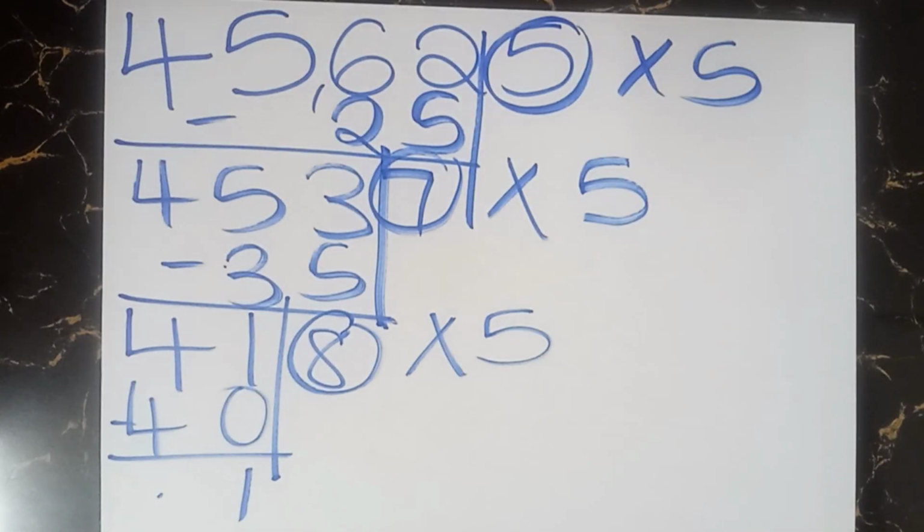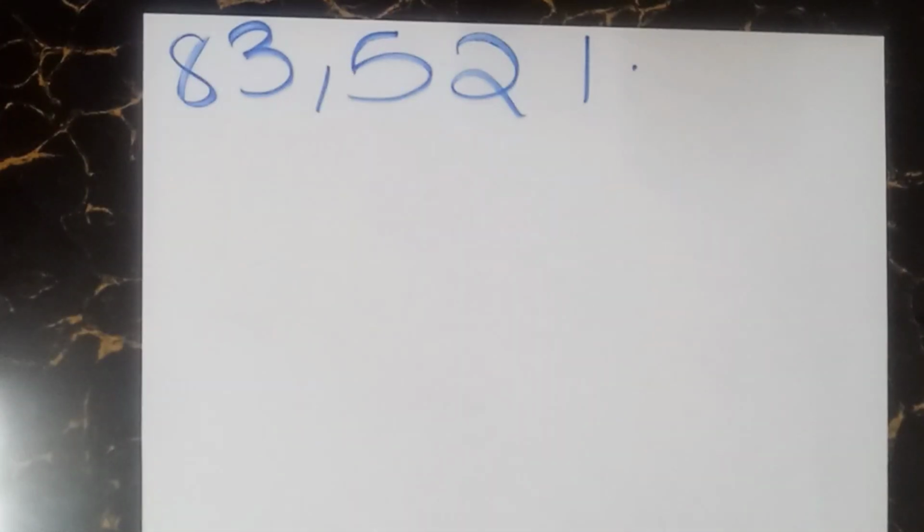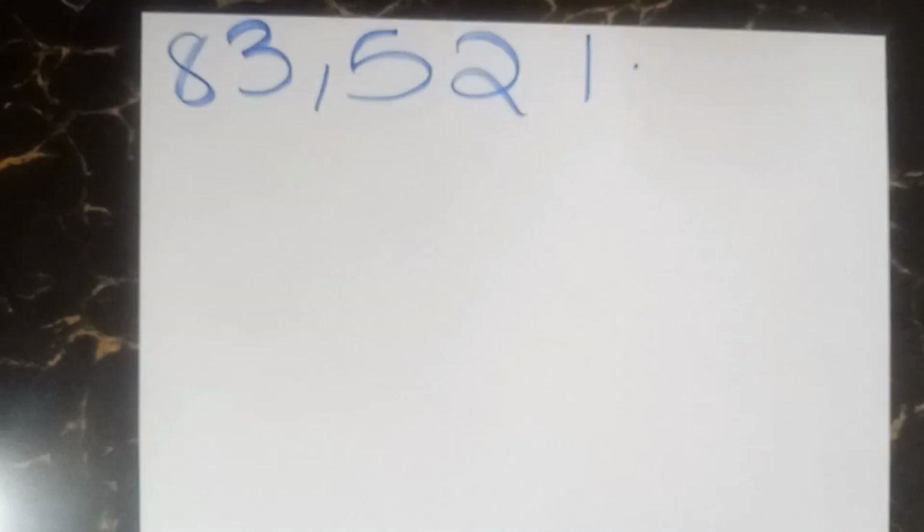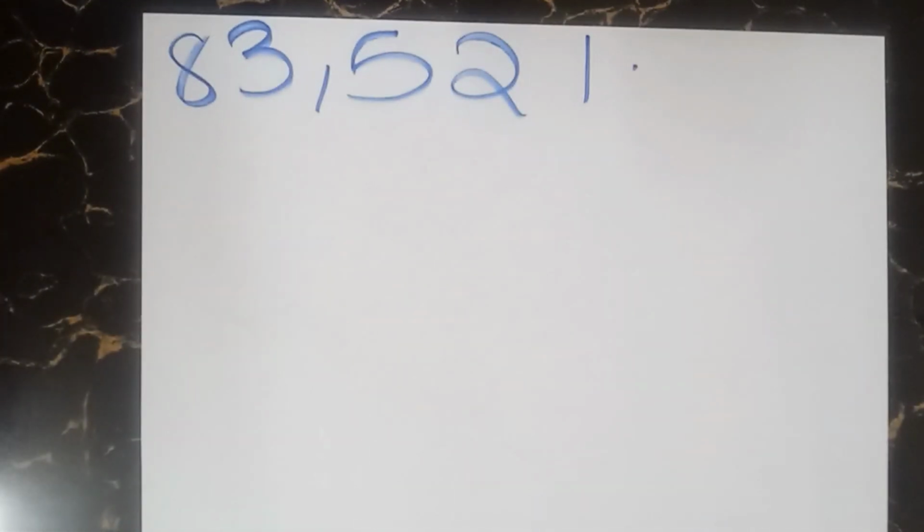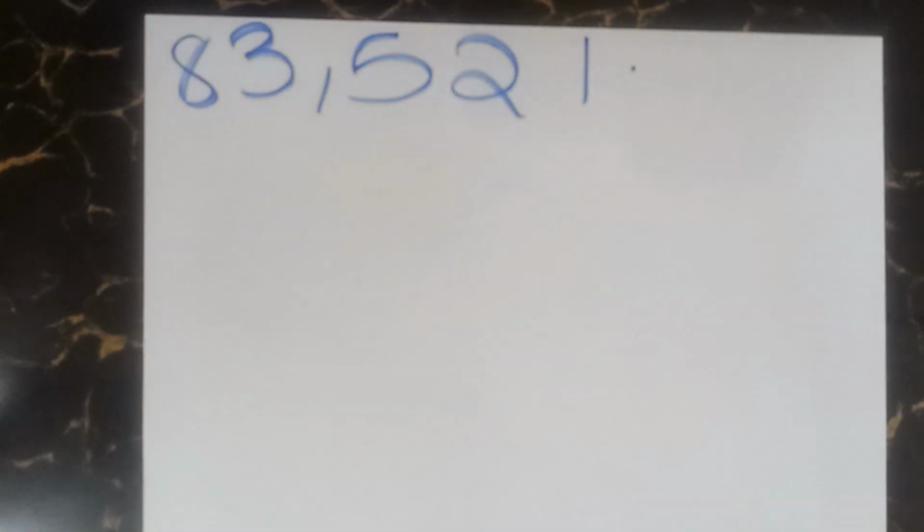Let's look at one last example. Is this number divisible by 17? Here, we'll start by multiplying the digit in the ones place by 5 and then subtract it from the remaining digits. We'll repeat the same procedure until we get a number that we know for sure is a multiple of 17.